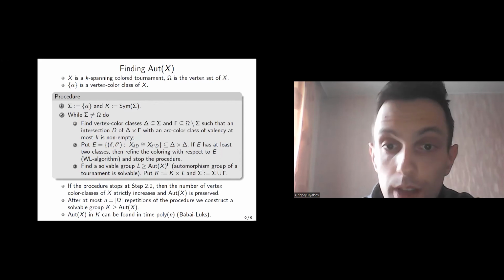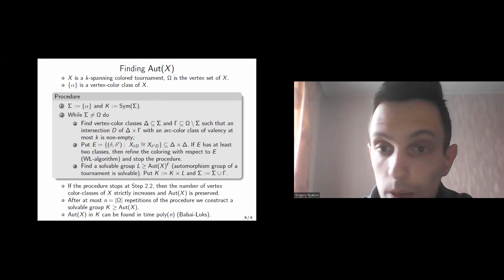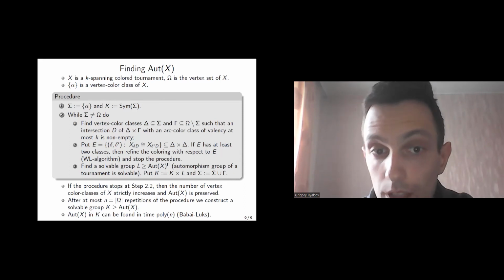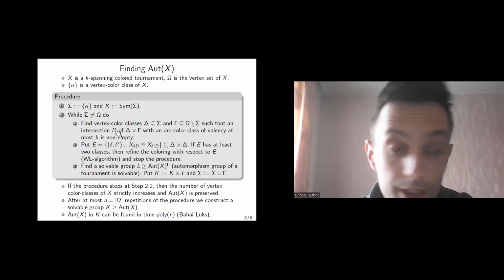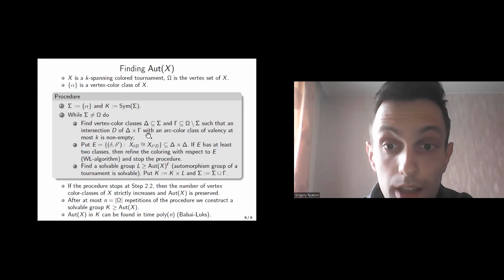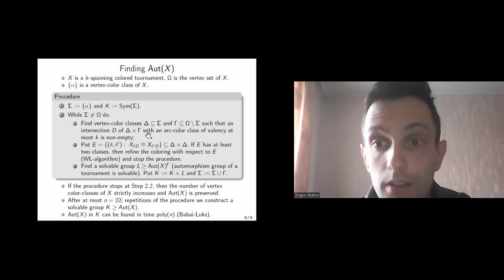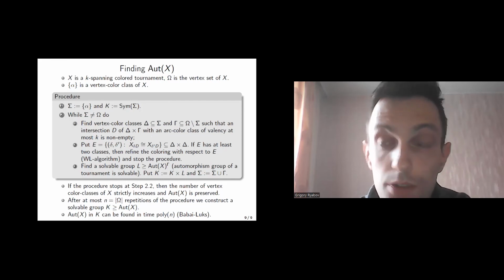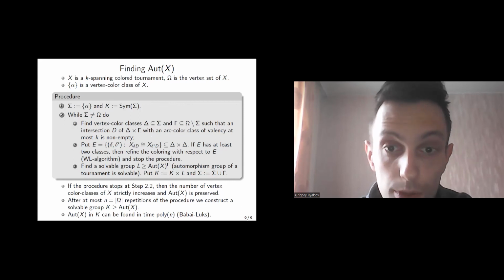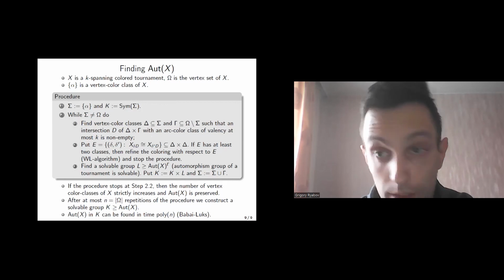Find vertex color classes delta inside sigma and gamma outside sigma, such that an intersection, say D, of delta times gamma with some arc color class of value set at most K is non-empty. We can always do this because our tournament is k-spanning.